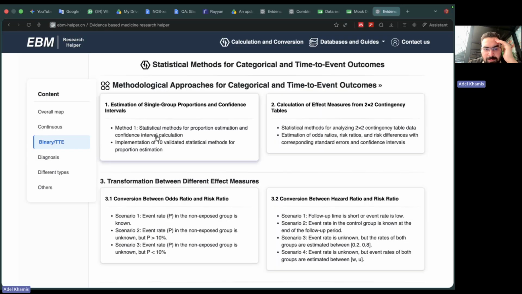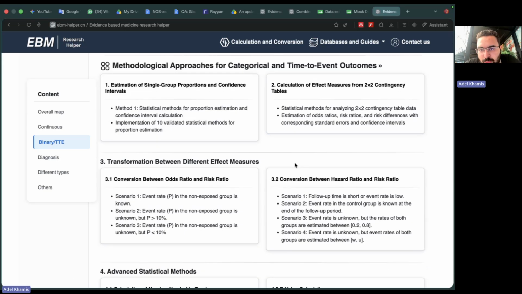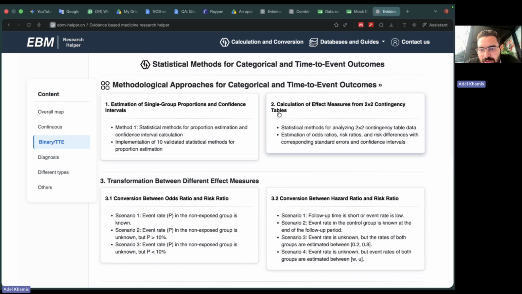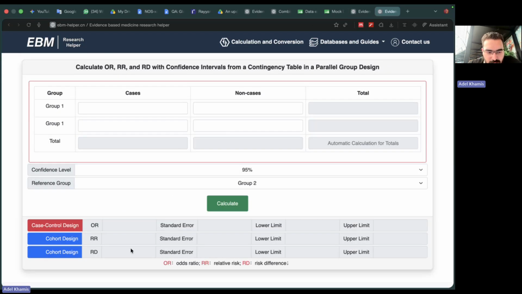If you are working especially on cross-sectional studies, cohorts, and case controls, and you have a value in prevalence, for example, and you need to convert it into a risk ratio or odds ratio, you can just put it here.